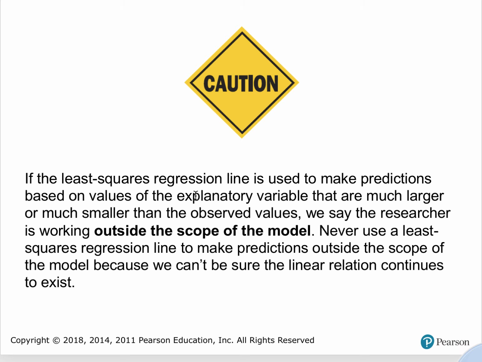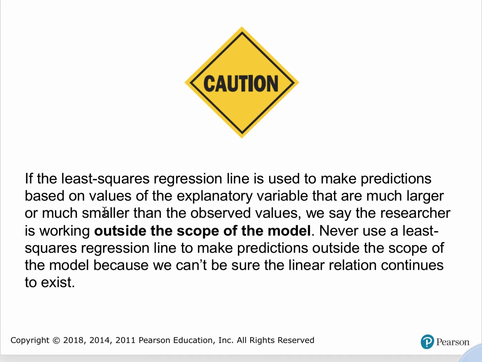Be careful. If the least squares regression line is used to make predictions based on values of the explanatory variable that are much larger or much smaller than the observed values, we say that the researcher is working outside the scope of the model. So not only for that Y-intercept question, but that's what this would be related to.